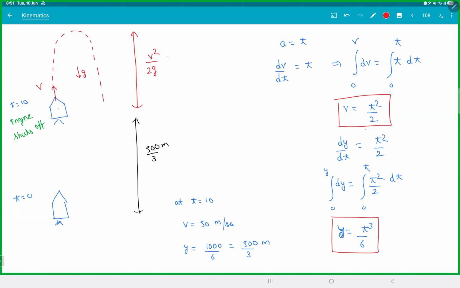And we got v square by 2g. So this is 50 square by 20, which is 2500 by 20. The 0 will cancel. That is 125 meters. So 125 meters is the height it goes after the engine shuts off. The rocket continues to move upward after the engine shuts off, because it has some velocity. It can't stop suddenly.